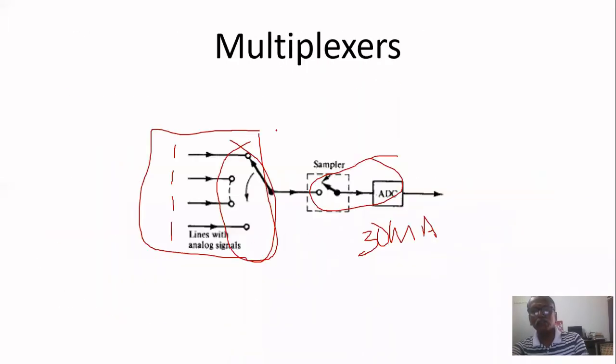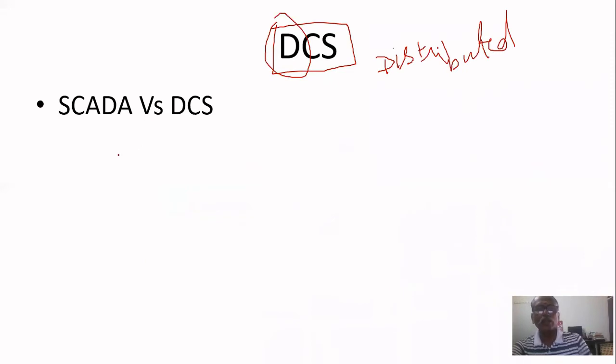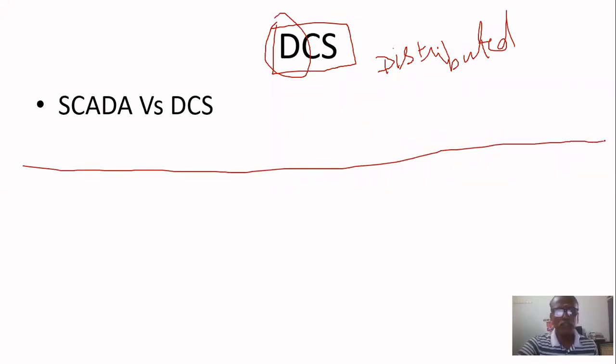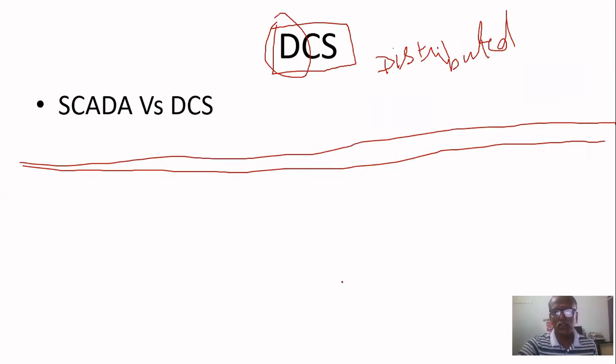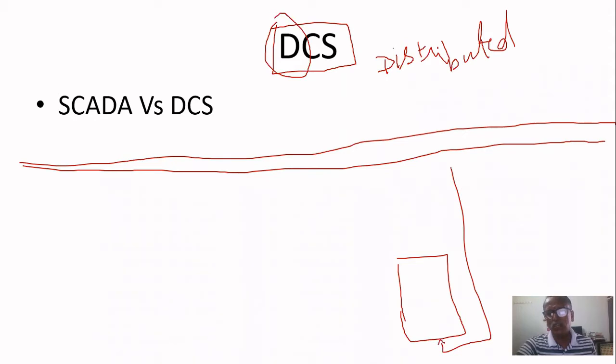On the other hand, in a distributed control system, you will have smart devices. For example, I am having a smart transmitter. The process is here. Here I am having a smart transmitter that senses this process variable, and it places its data on the bus.